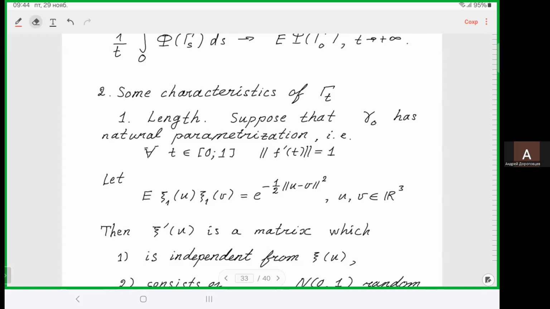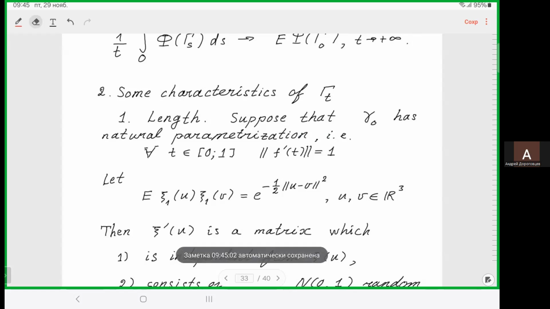Suppose that the initial covariance is such that psi prime of u is a matrix, which is independent from psi of u at the same point. By the way, this is a usual property for stationary random processes.